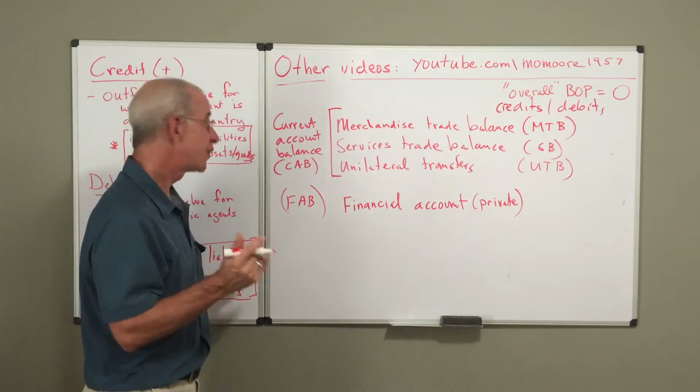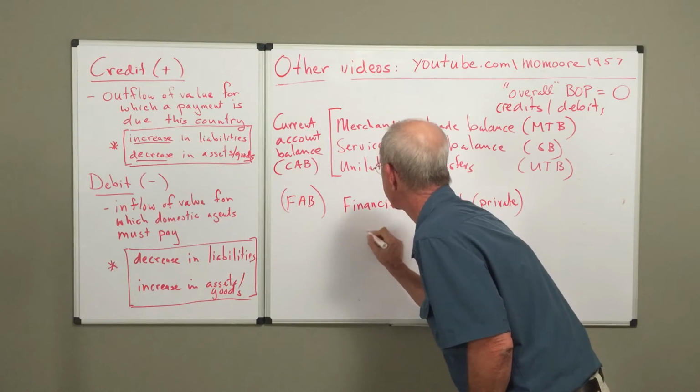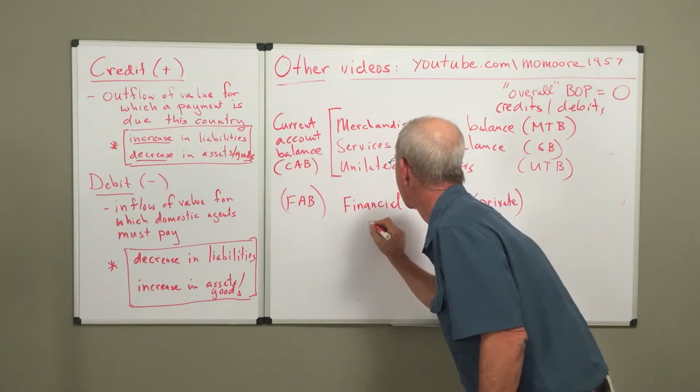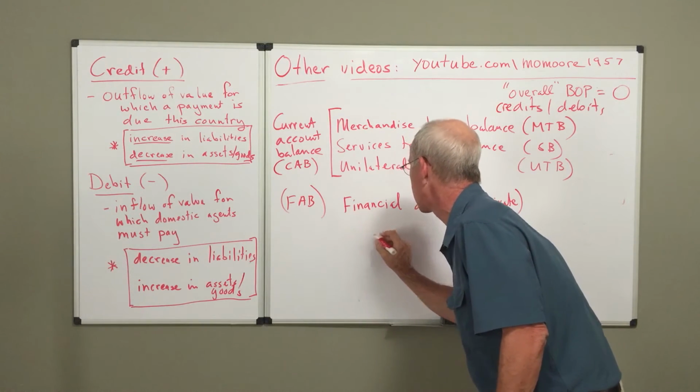Okay, so we've got the current account and the financial account. So is this every transaction that might occur?